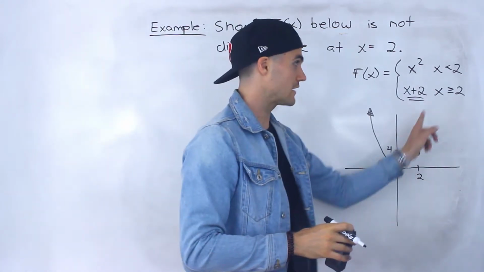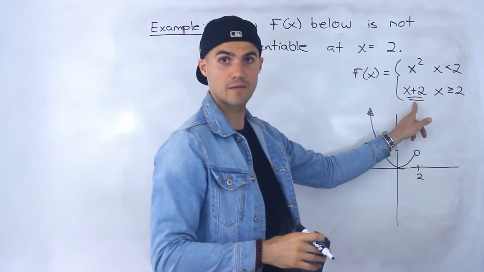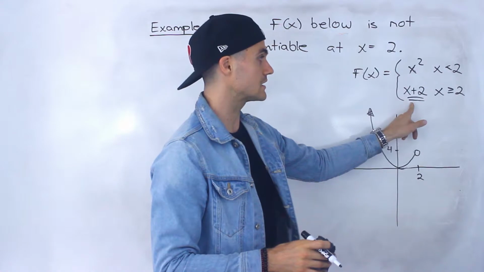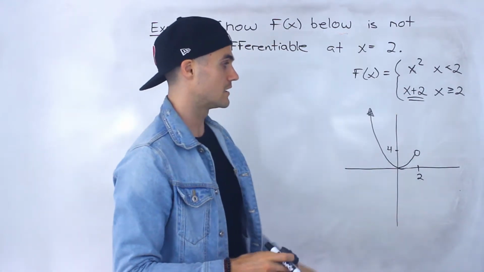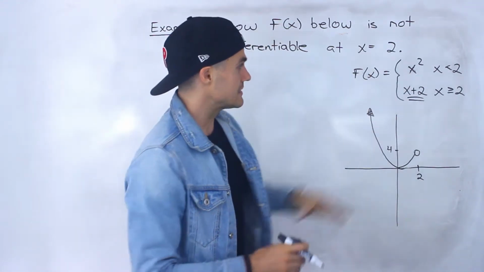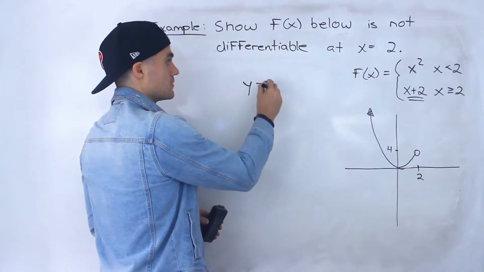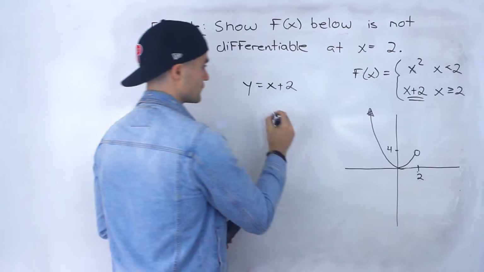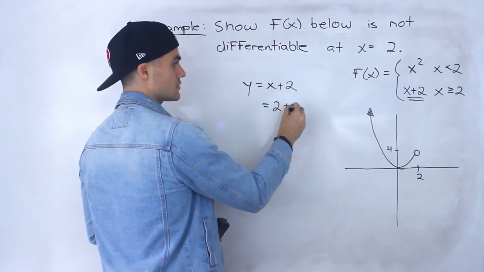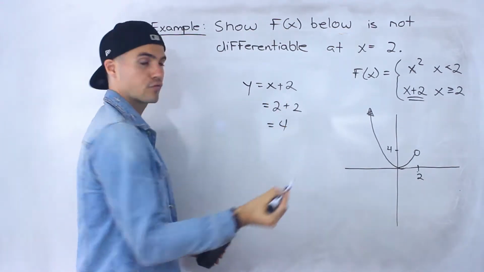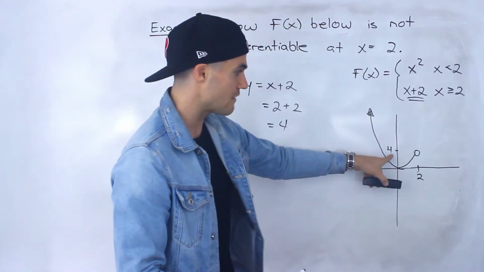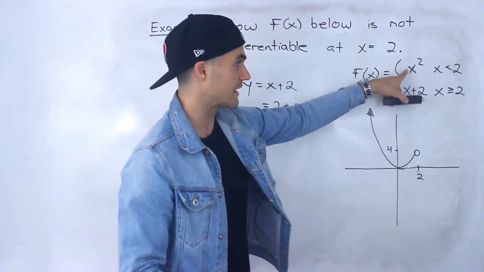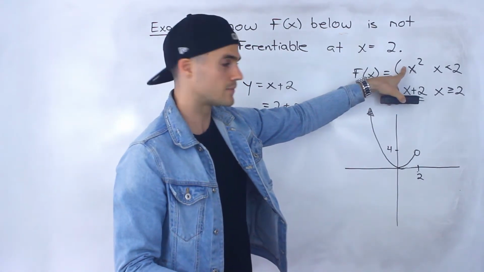And then for x values greater than or equal to 2, it's going to be defined by this line, y is equal to x plus 2. Now notice that this line, y equals x plus 2, what's the y value for an x value of 2? Well, if x is 2, the y value is going to be 4, which is the same y value at an x value of 2 for this function here.